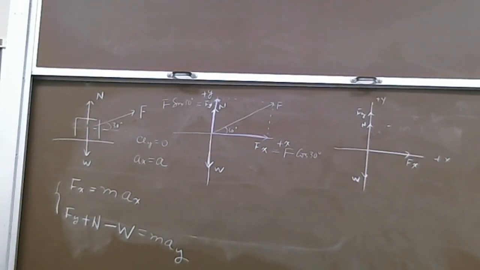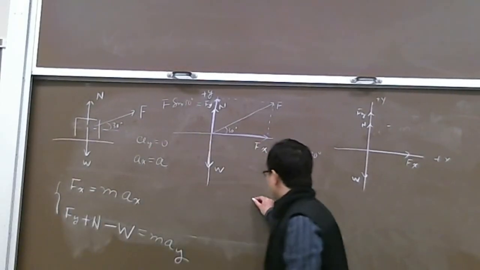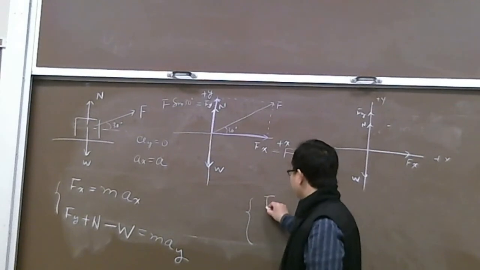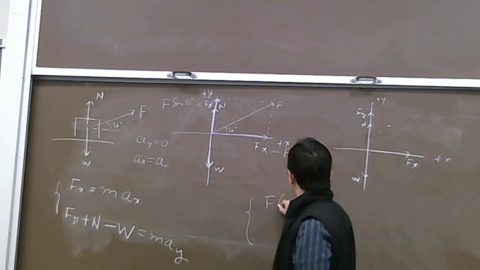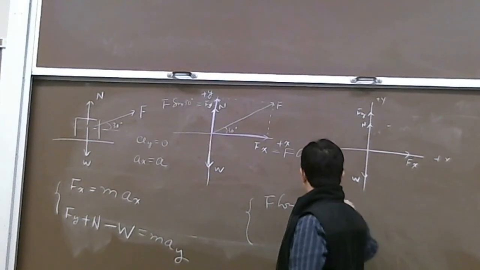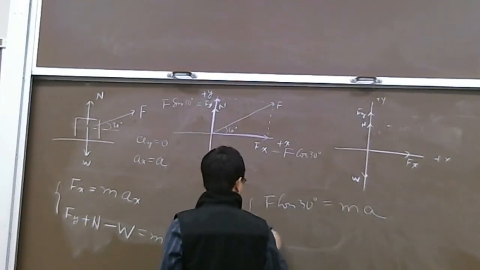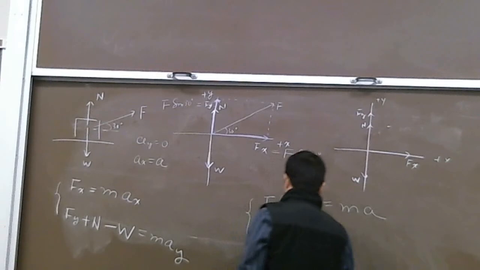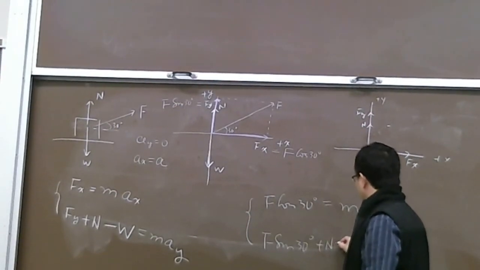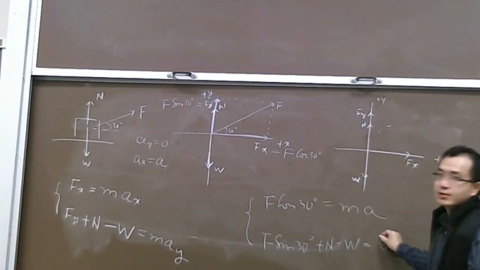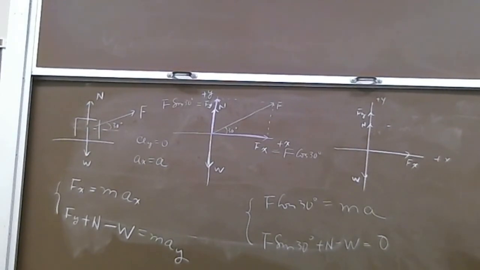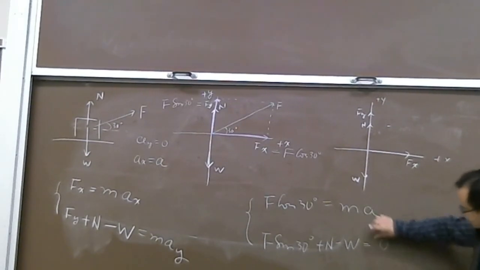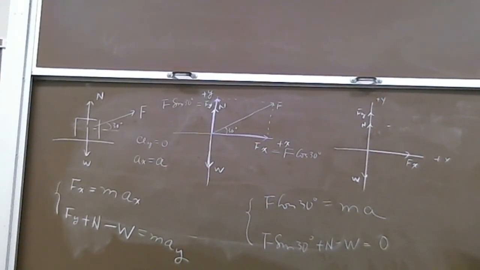So with this identification, you will get F multiplied by cosine 30 degrees equals ma, and F multiplied by sine 30 degrees plus N minus W equals 0, right? ay equals 0. So that's a more detailed Newton's second law for this example. Any question here?